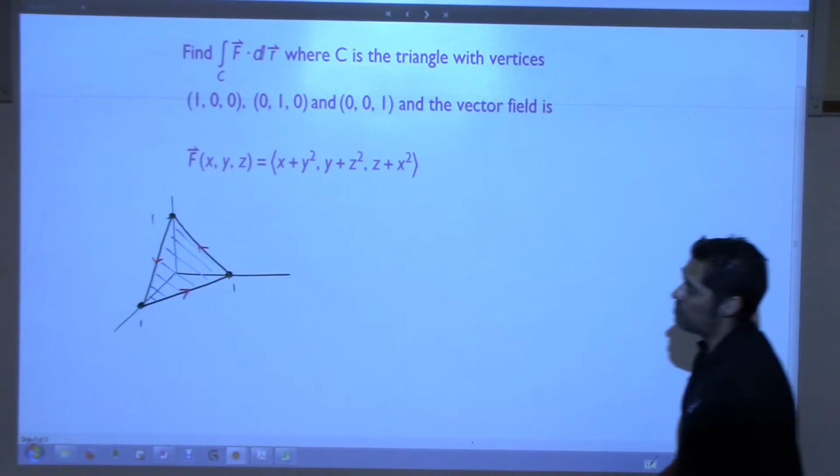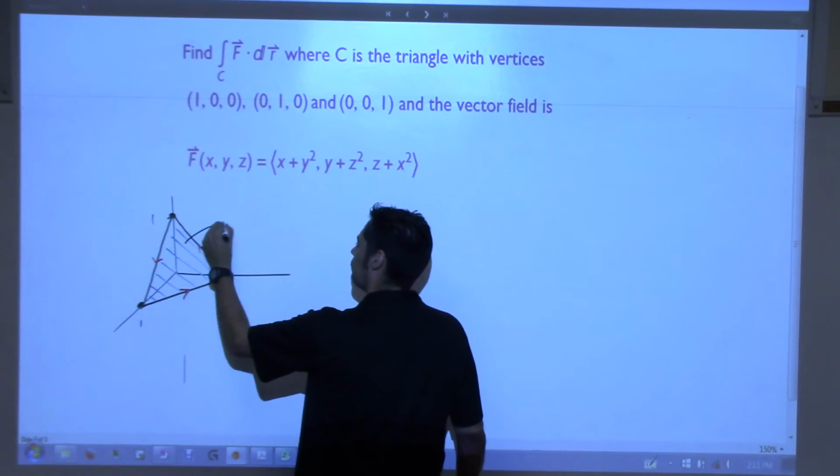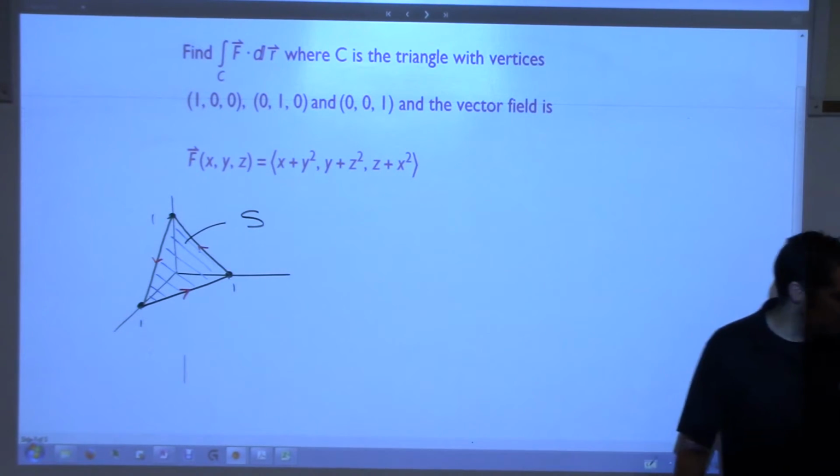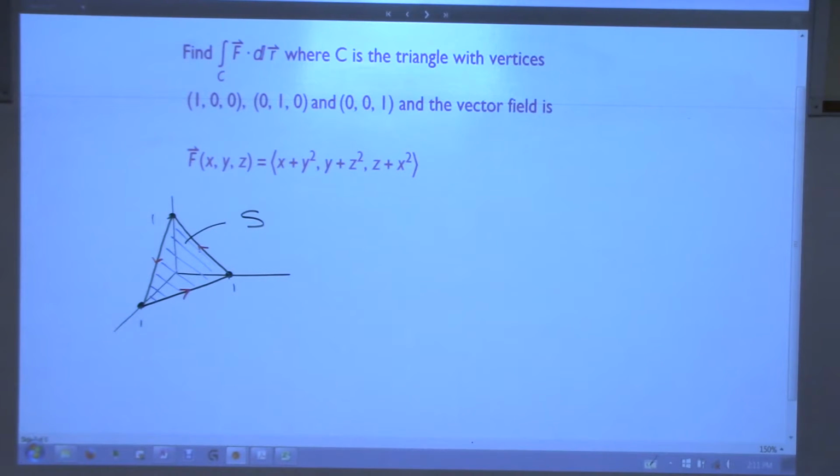That's what I'm going to call my surface S. And I can go a little further. It's flat, so maybe I could find its normal. Its normal should always be the same, because it's a flat sheet, always pointing in the same direction. I could do that.